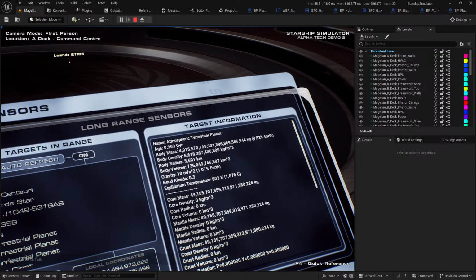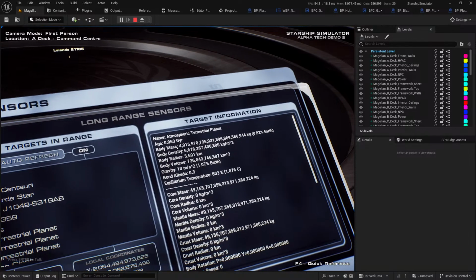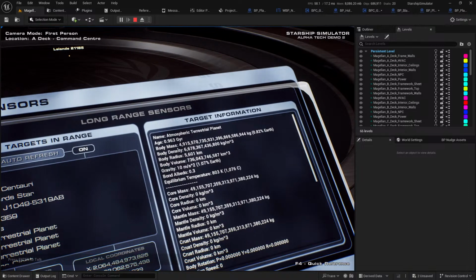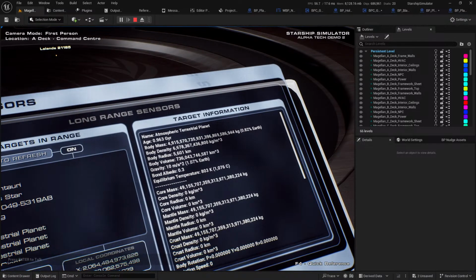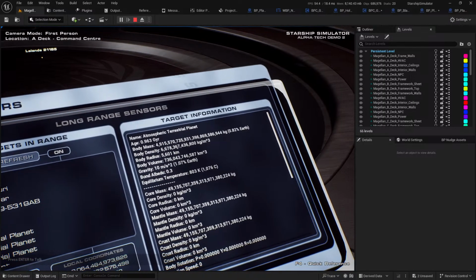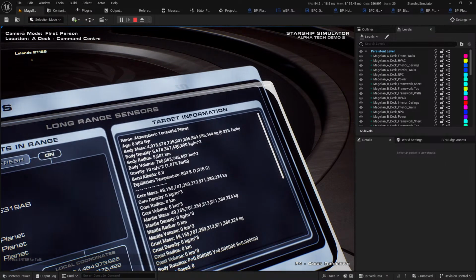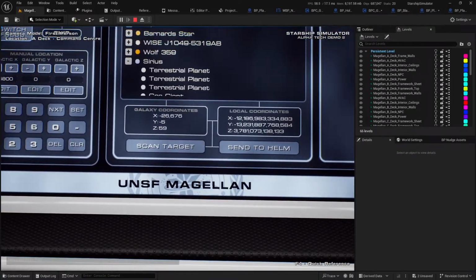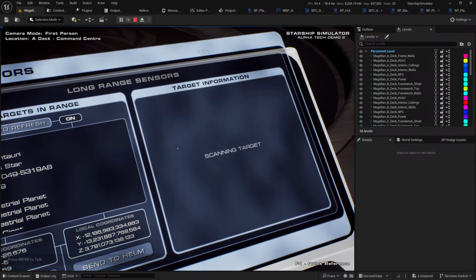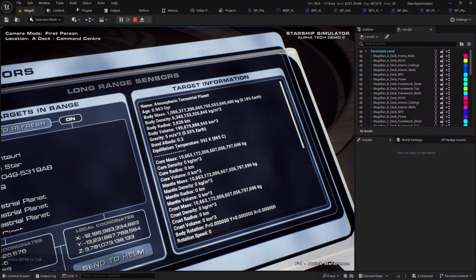Giga years, yeah, so it's billion years. Hang on though, that density value looks weird. Yes, the solar system is fixed.